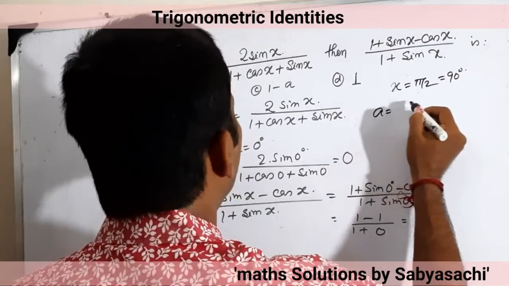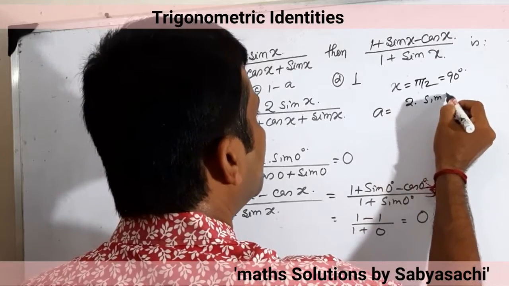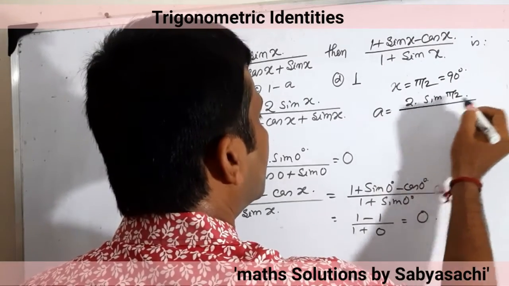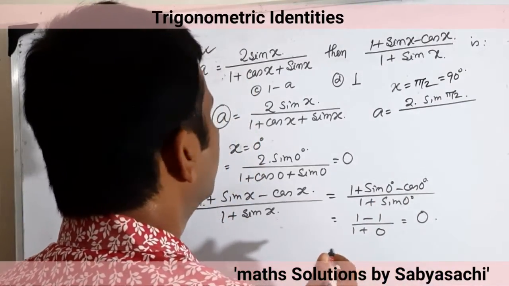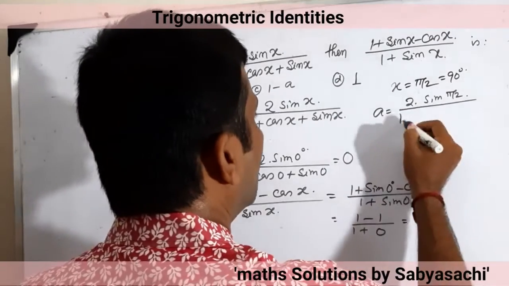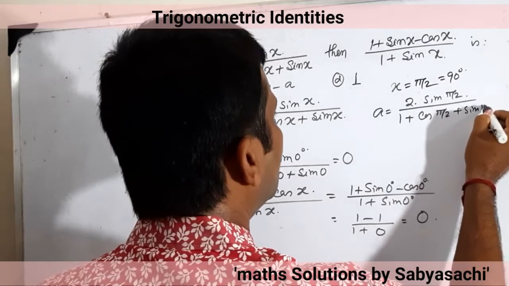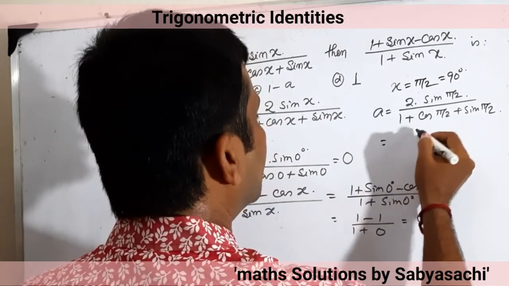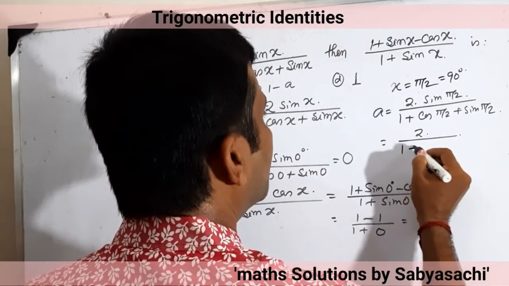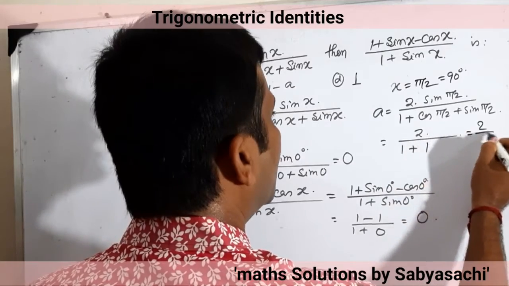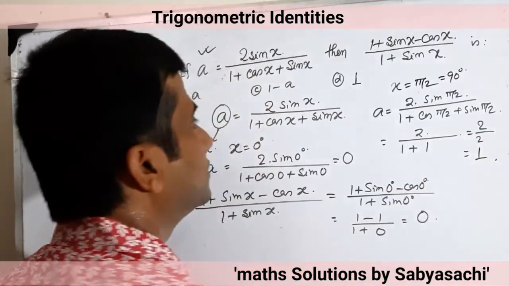Then A is equal to 2 sin pi by 2 by 1 plus cos pi by 2 plus sin pi by 2. That means 2 by 1 plus 1, 2 by 2, this is equal to 1.